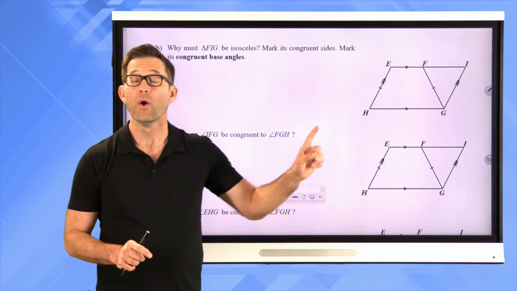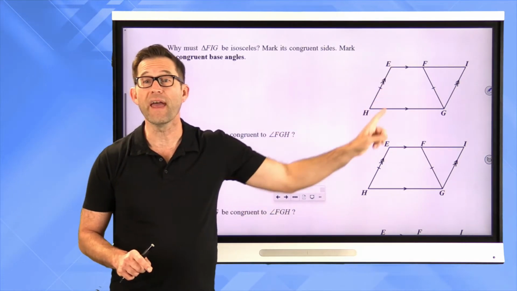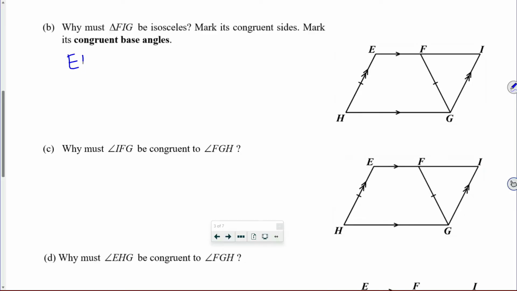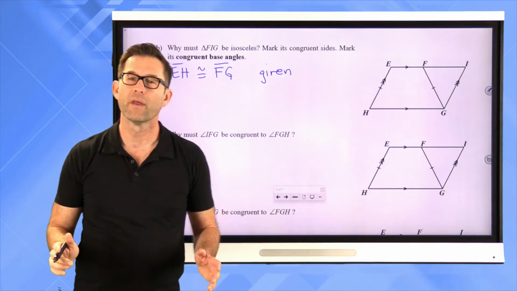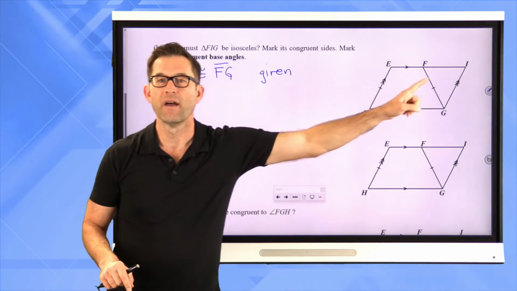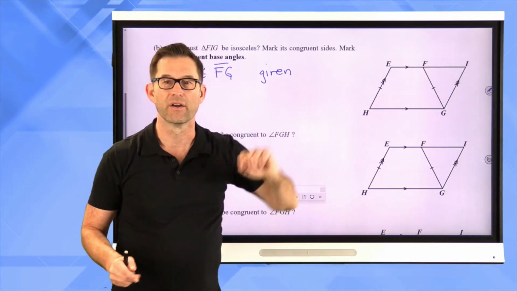This is really cool. We went in knowing that EH and FG were congruent, right? So do kind of like a mini proof here. EH is congruent to FG, and that was just given. We're not going to draw our giant T-table proof. But what else do we know? We also know that EH and IG are congruent.